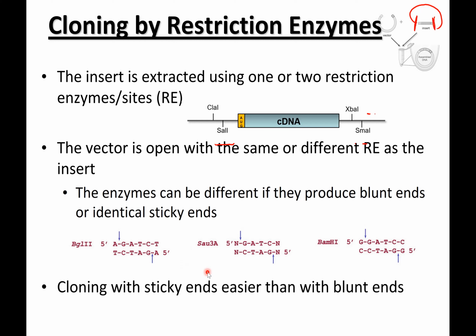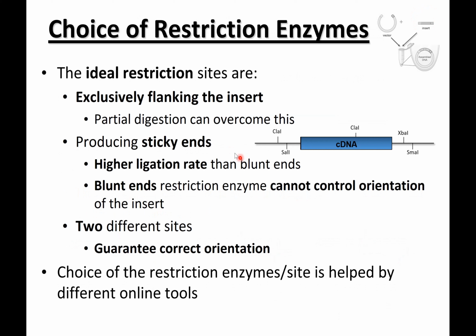Normally you will use the same restriction enzymes to cut out the insert and the vector, but sometimes you can also use different restriction enzymes as long as they produce the same overhang. And you can use restriction enzymes that produce blunt ends as well, but sticky ends are usually easier to work with, and I'll show you an example why later on.